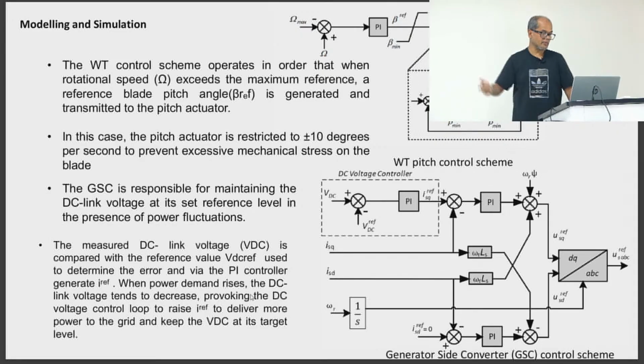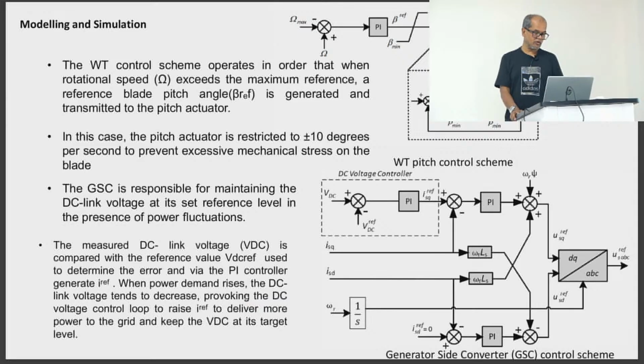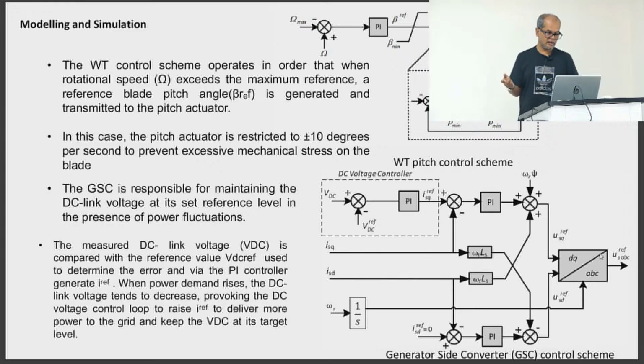So if one of them increases, you will find some changes, and based on those changes it produces a different reference that it gives to the converter, and that will deliver more power to the grid, just to make sure that your DC voltage is constant.